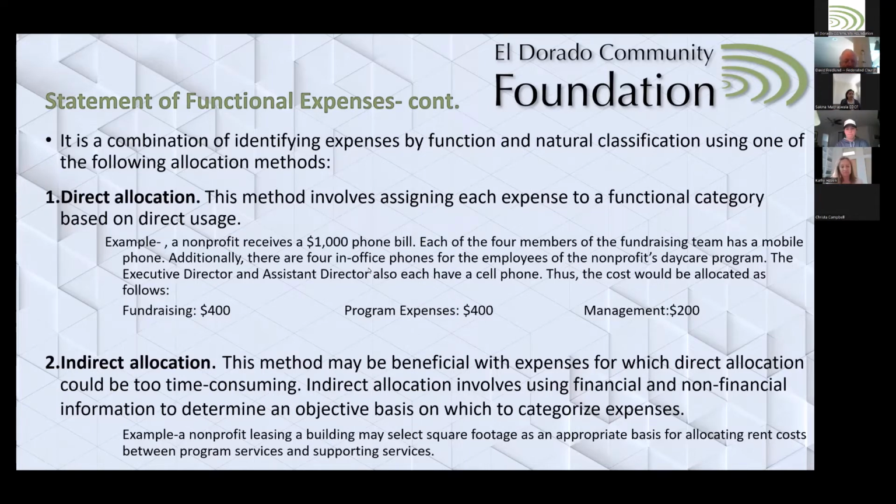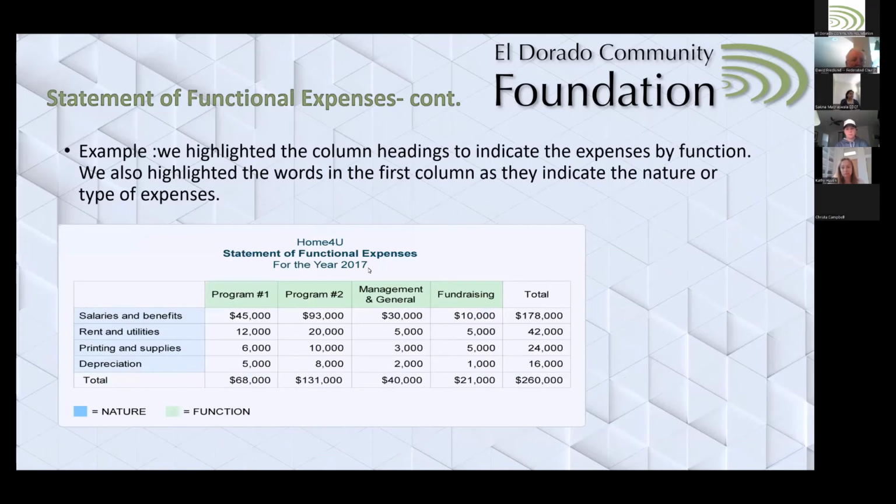Like fundraising, you would allocate that much percentage, program expense that much percentage, and management would be that much percent. If you have somebody like a director sitting in one of the rooms, then you would have that allocated too. I'm going to move on to giving you an example.